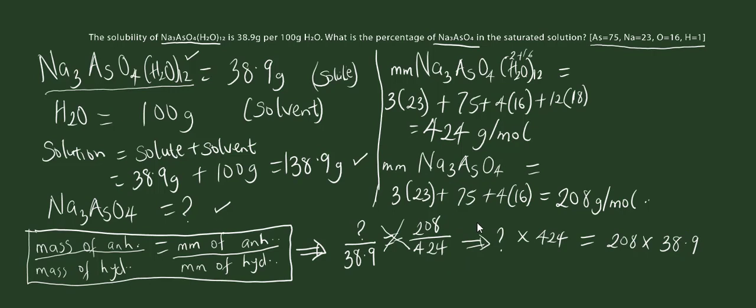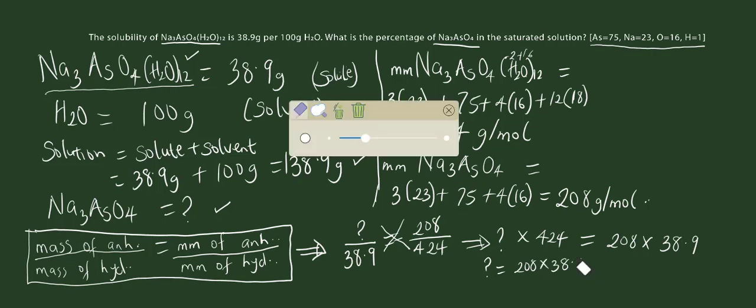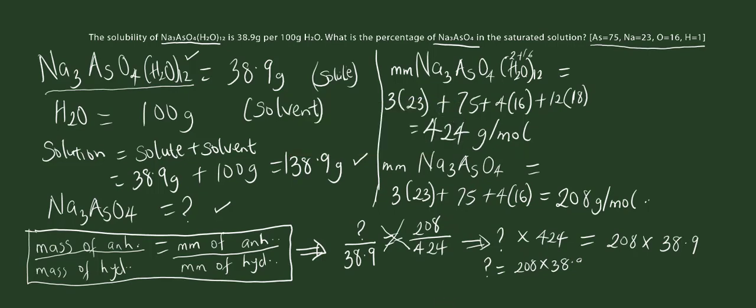Alright? So our unknown is going to be what? 208 multiplied by 38.9 divided by 424.